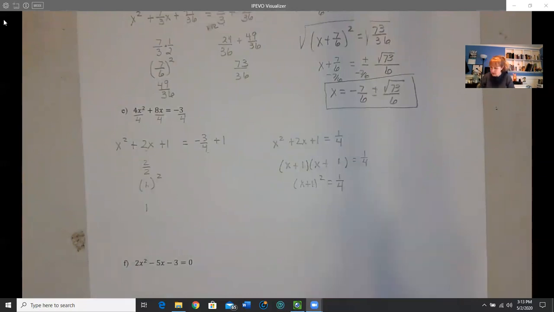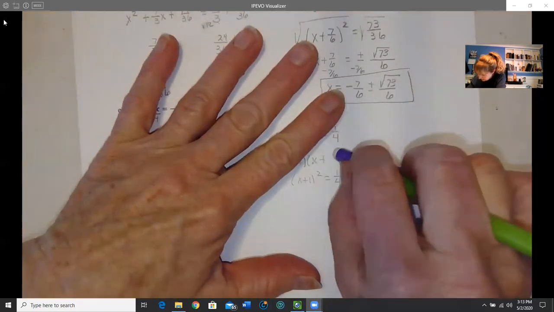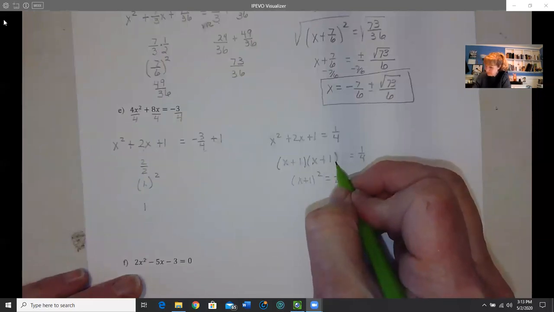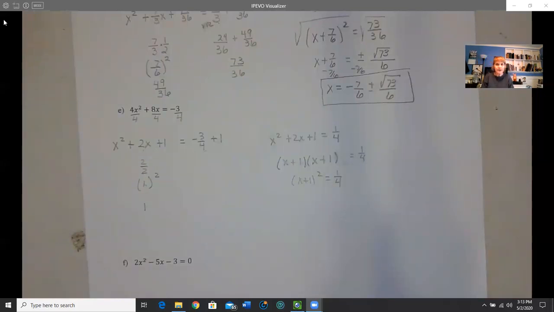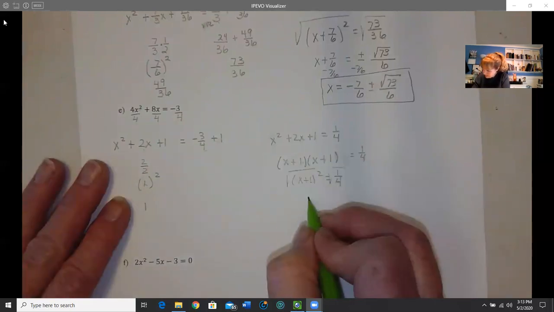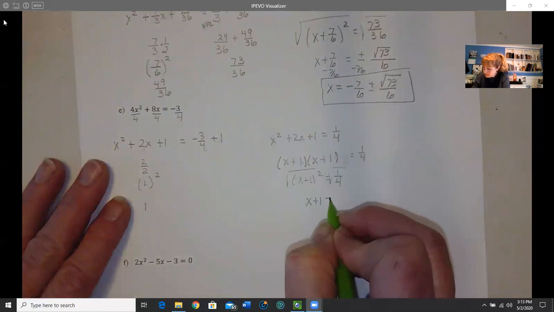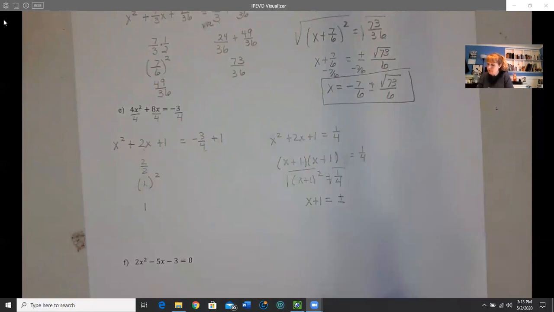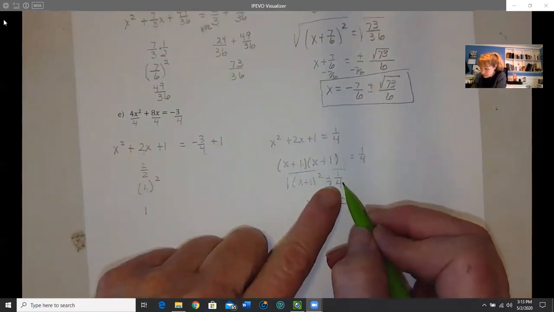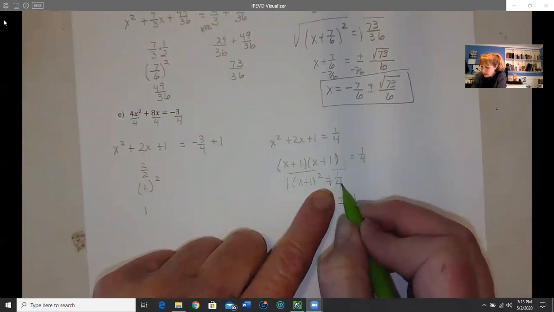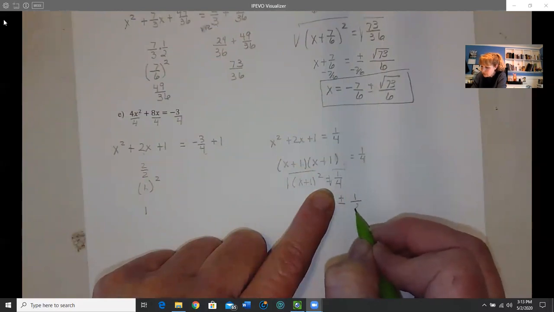That's a little sloppy over here, but it's 1. Okay. And now we take the square root because we got our squared by itself. So we have x plus 1 equals, well, this is plus or minus. We know it's going to have a plus or minus at this point. And this doesn't reduce, the 1 and the 4 don't, but the square root of 1 is 1, and the square root of 4 is 2.